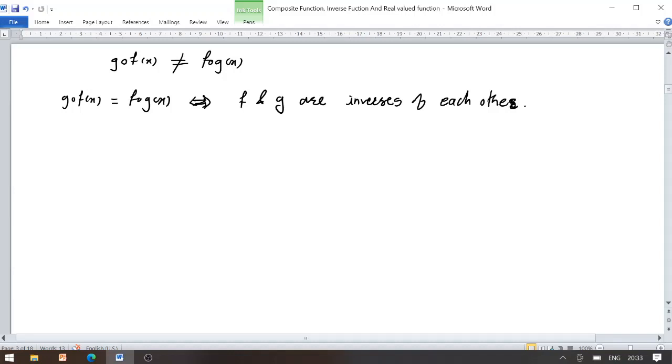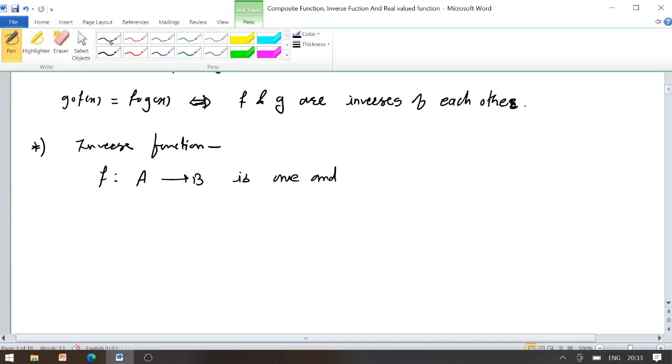Now we are considering the next type of function, the inverse function. So what does it imply exactly? Suppose we have f, a function from A to B, which is 1-1 and onto.